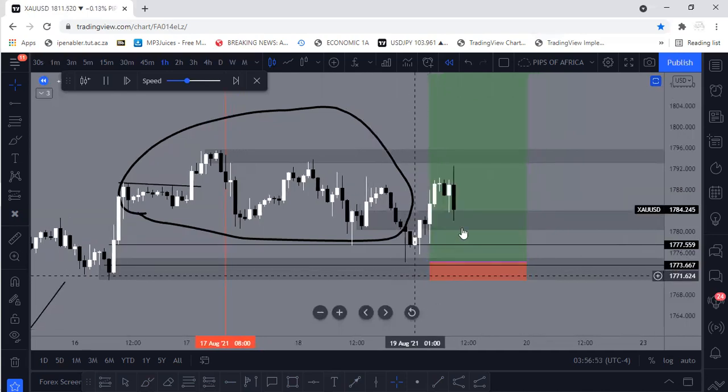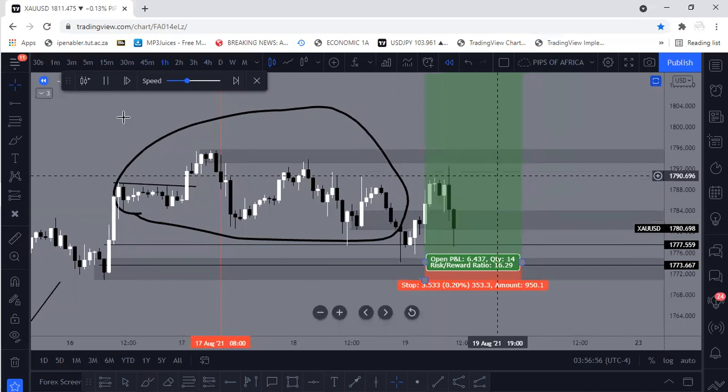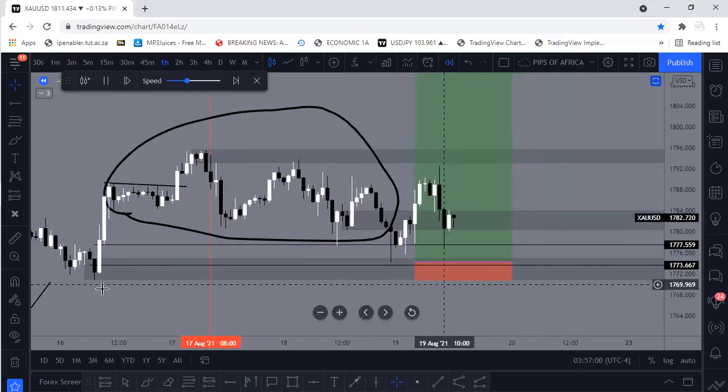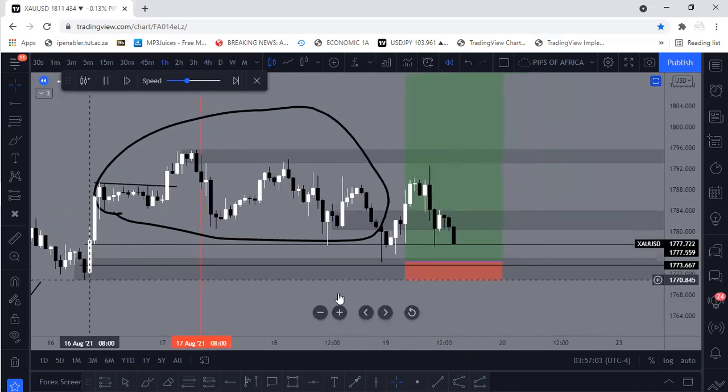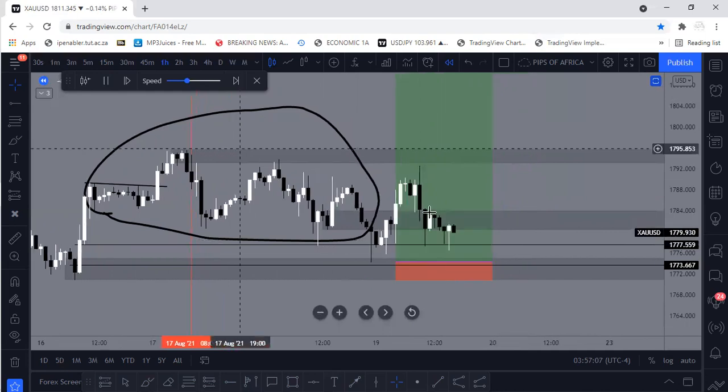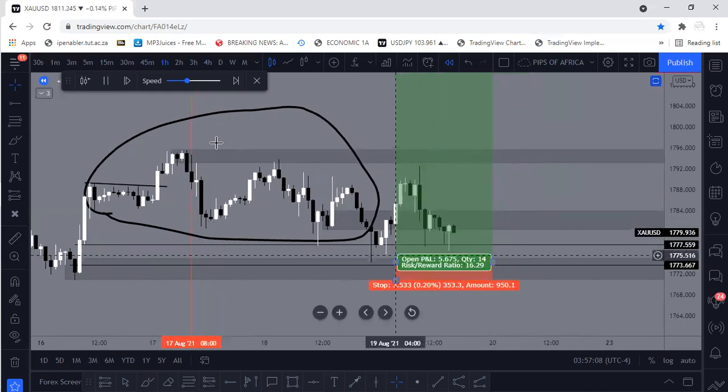Now the price is leaving, right? The stop loss must be underneath the order block here, to be safe, because the price may still come here, we don't know. So to be safe, it was taking liquidity underneath here.